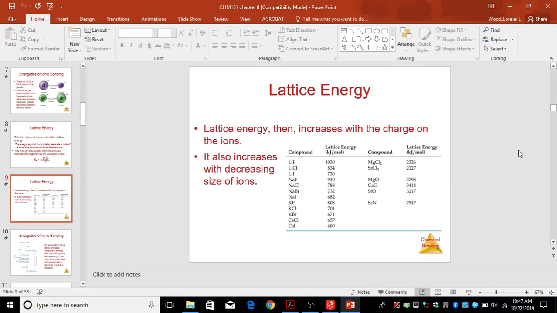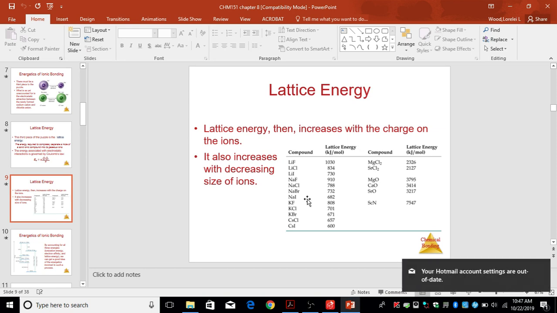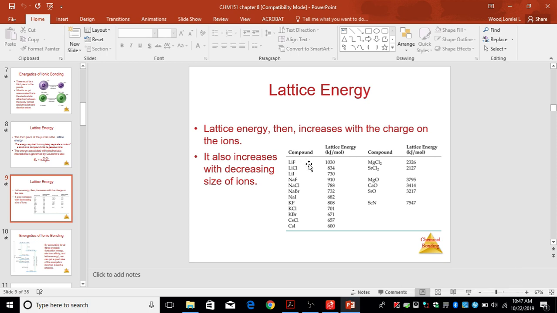Here we go. All right, if we look at lattice energy here, lithium fluoride, lithium chloride, and lithium iodide. All right. Lithium all has what charge? +1. Fluorine, chlorine, and iodine have what charge? -1. All right. Why does it take less energy to break up a mole of lithium iodide than it does to break up a mole of lithium fluoride?